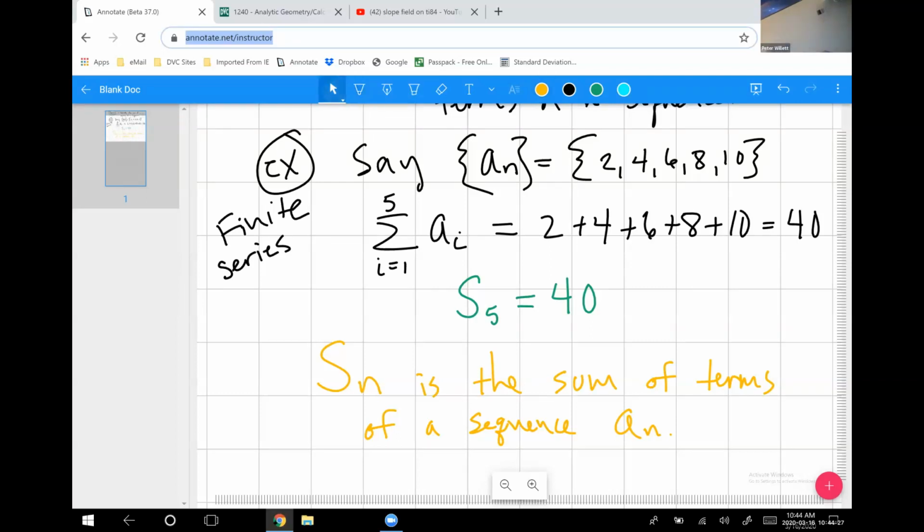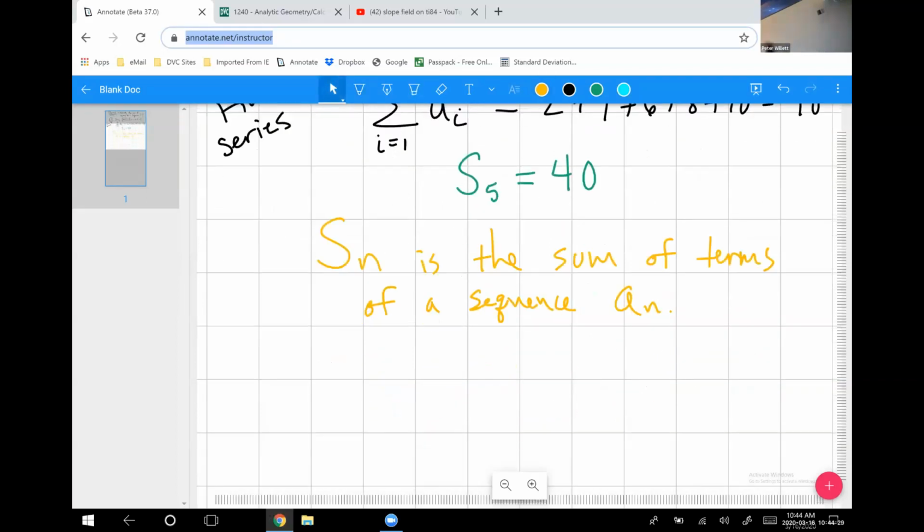Now, as we're using this notation, you can put in a specific value like this, or you can leave the value as a variable. If you put in a specific value, then you're saying I'm adding up the first 5 terms of the sequence. And if you don't put in a specific value and leave it at n, that means you add up all the terms of the sequence.